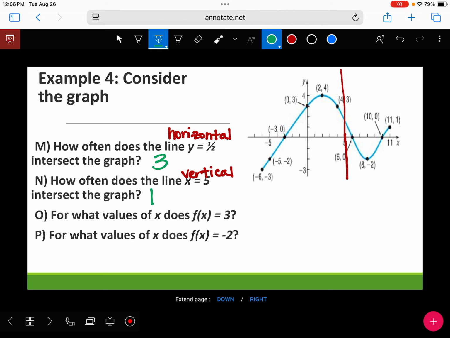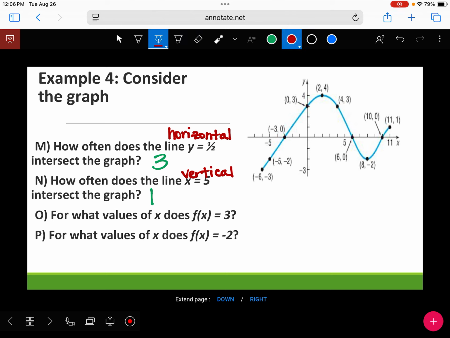All right, so this is saying for what values of x does y equal 3. So if I draw a horizontal line, this is saying draw a horizontal line at y equals 3. But then tell me the x values that will cross through. So I'm going to find 3 on the y-axis.